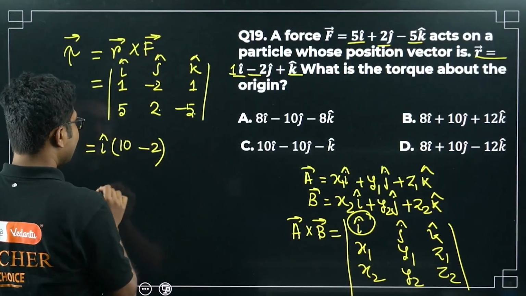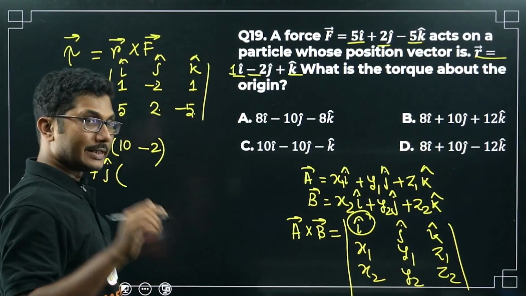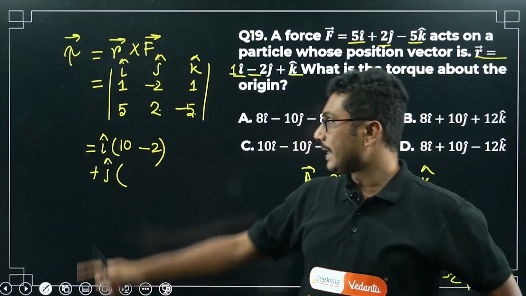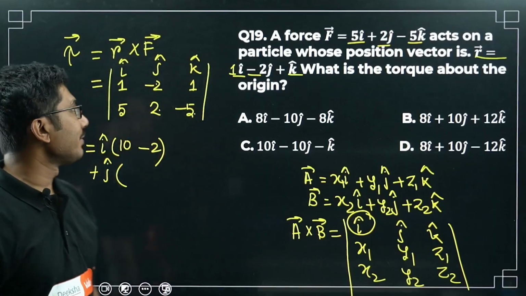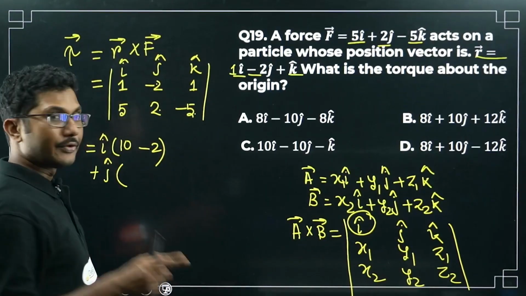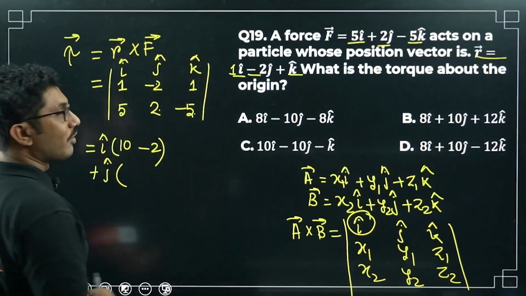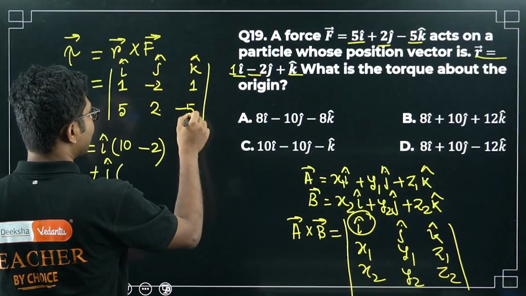Next is j cap. Tell me in the comment below if you use the negative sign here. There are two ways to calculate the middle term. Either you can use the negative sign or you can use the positive sign. Just follow the circle. First we did this, then we move here.